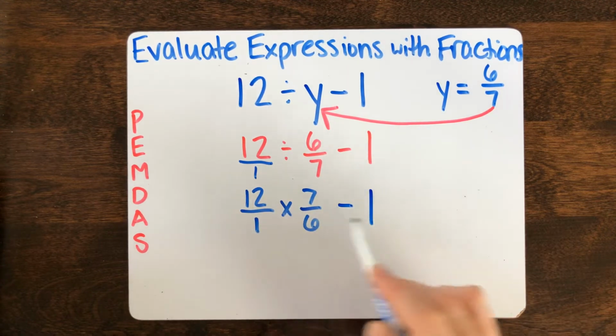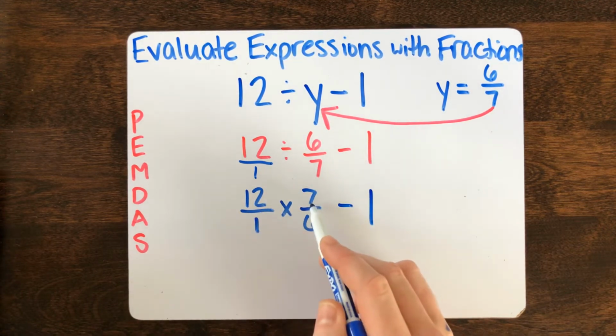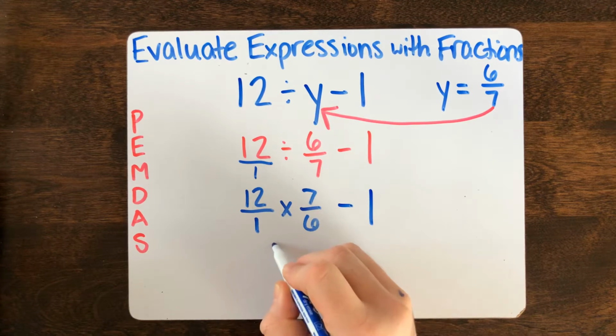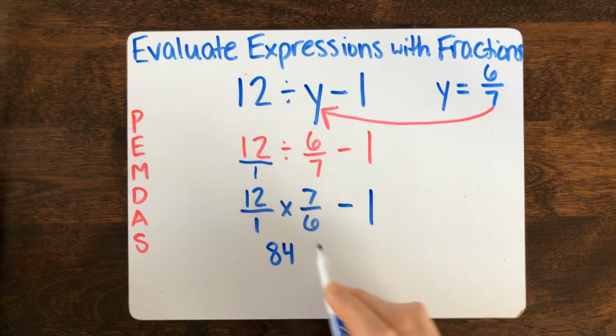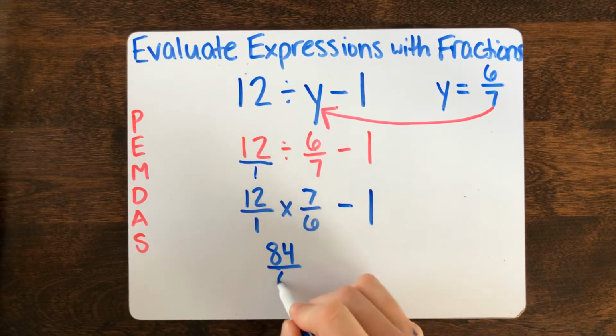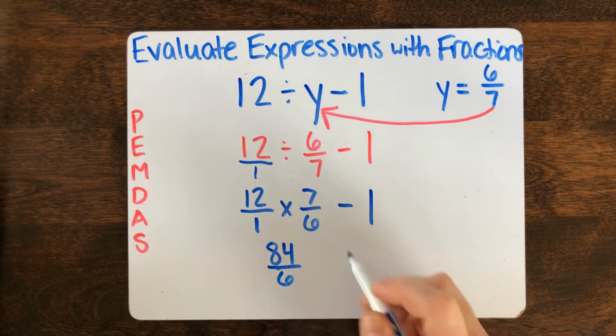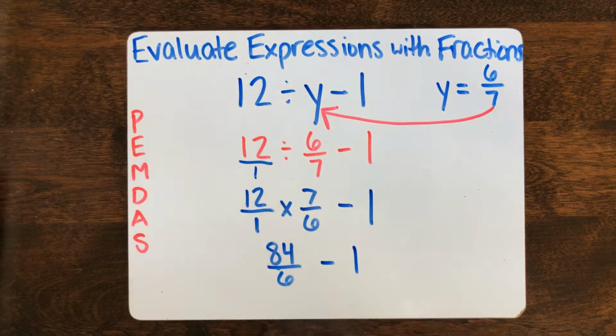So now I'm going to solve this. 12 times 7 is 84. 1 times 6 is 6. And then bring down that minus 1. Now before subtracting 1, I would probably simplify 84 over 6.